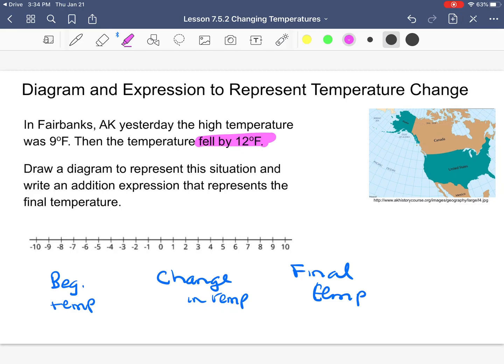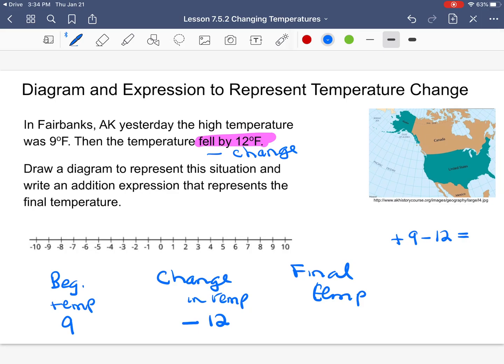So falling by that means that there was a negative change. So it fell by -12, and it began at 9 degrees. So we have +9 minus 12 equals whatever your final temperature is going to be.